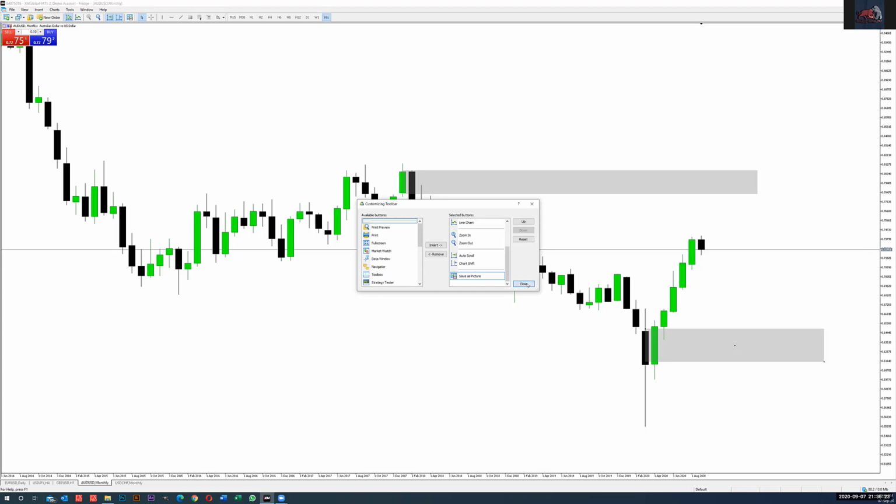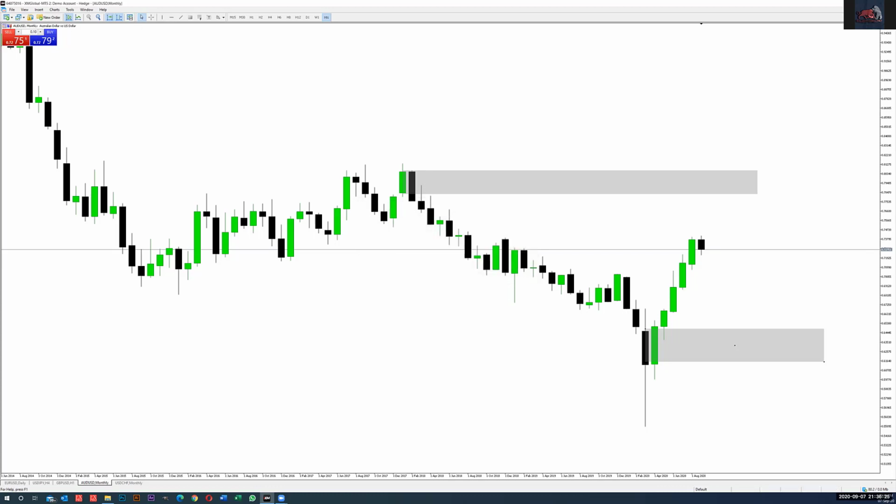Next to auto scroll. You see here, next to the cursor tool, we've got the cursor, we've got the cross. You see here, there's this other icon which says save the active chart as a picture.